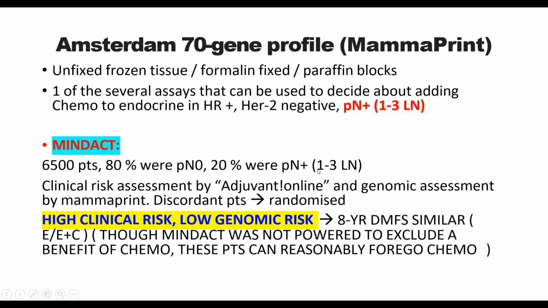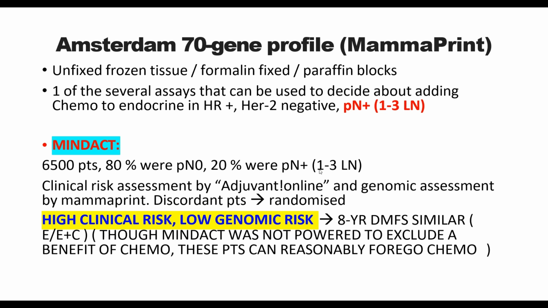So, this is the conclusion of the MINDACT trial, where Mammaprint is another assay which can be used to decide to avoid chemotherapy in hormone receptor positive HER2 negative patients who can even be node positive but up to 3 positive lymph nodes only.